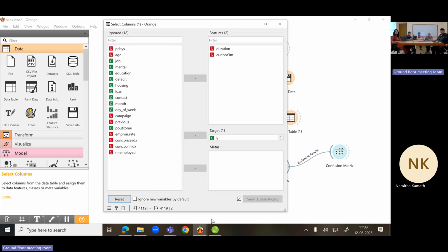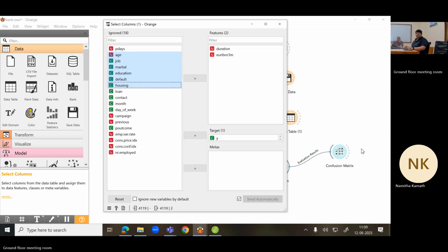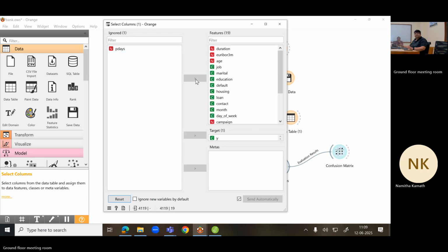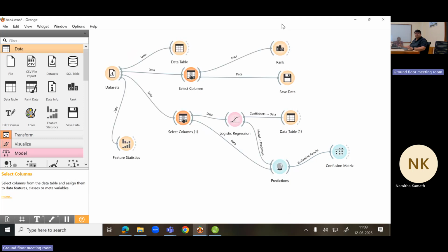So now let's consider all the variables except the PDays, which had a lot of missing data. Let me now consider everything. Now what will happen?